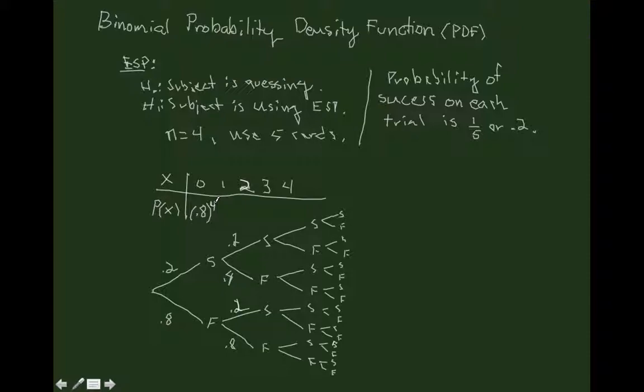So now let's talk about the probability of one success. What we need to do is find the branches that correspond to one success. That would be success on the first try and then 3 failures. And we could have a failure on the first try, a success, and then 2 more failures.